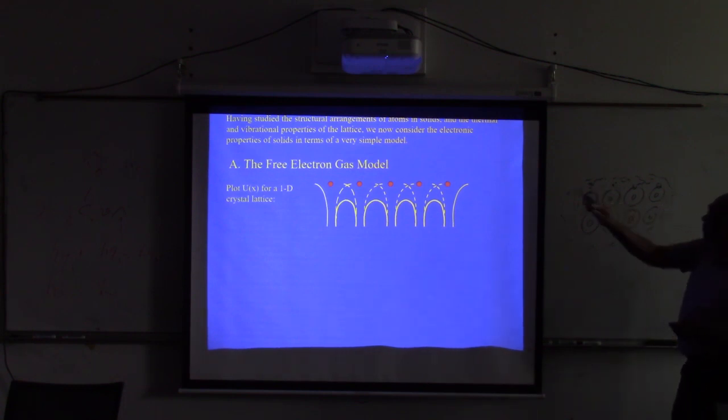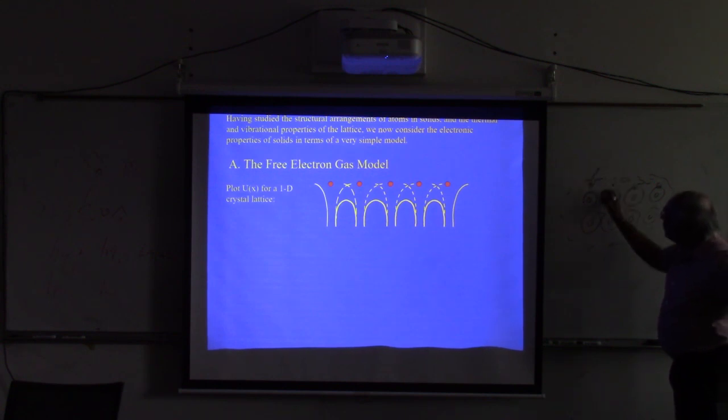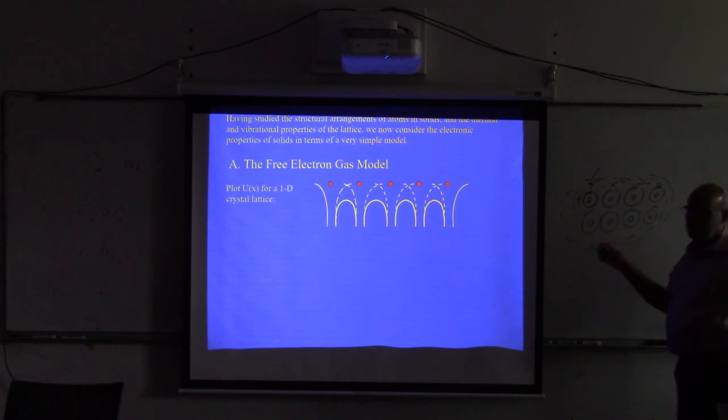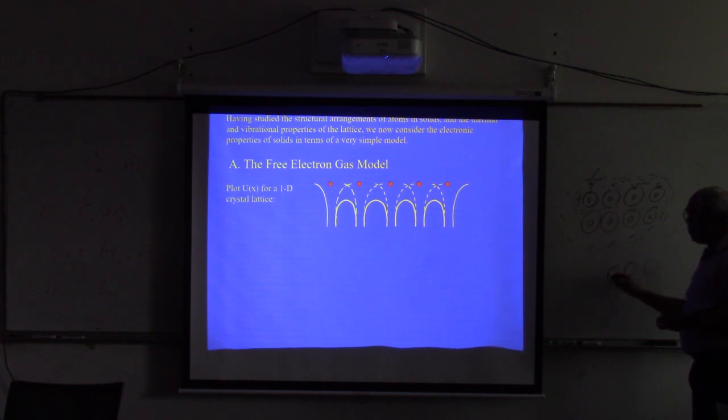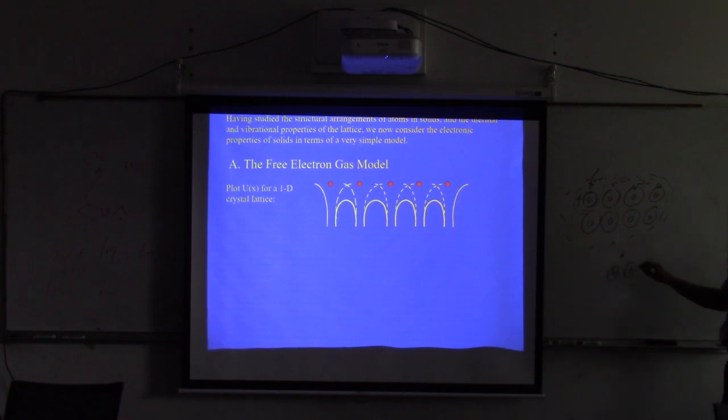When we use this free electron model, when an electron comes out, what happens to the atom? That becomes a positive charge, right? So this is a positively charged ion, but it is immobile. It is fixed, right? But the electrons, with their electronic charge, will move around.